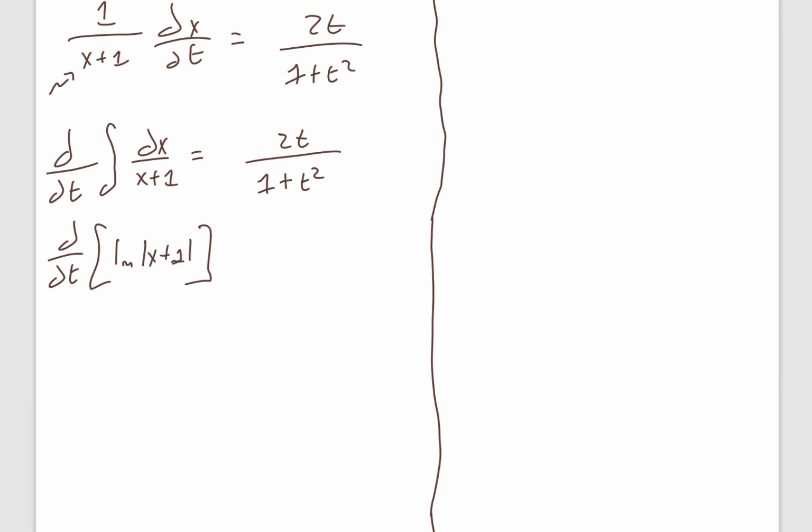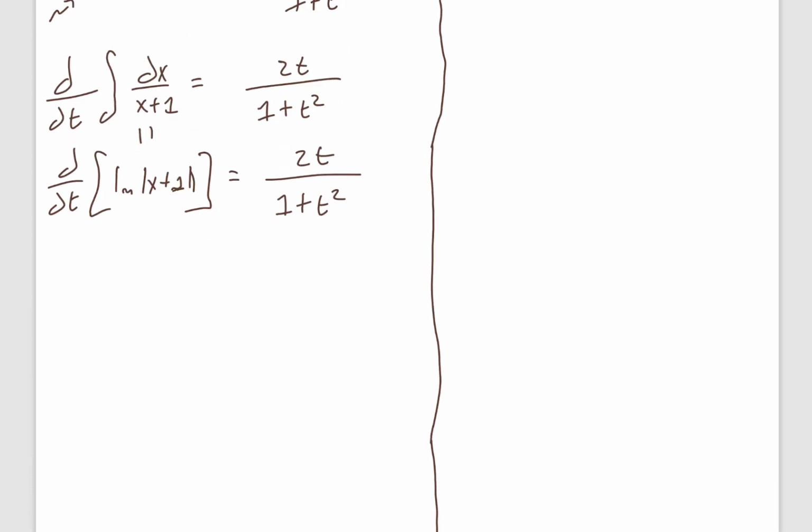Notice technically we should be adding a plus c, but the derivative of a constant is just equal to 0. So these two expressions are equal to each other, and we're just going to write this as 2t over 1 plus t squared. We're going to take the antiderivative of both sides with respect to t, so the left-hand side, by the fundamental theorem of calculus, we just get the natural log of x plus 1.